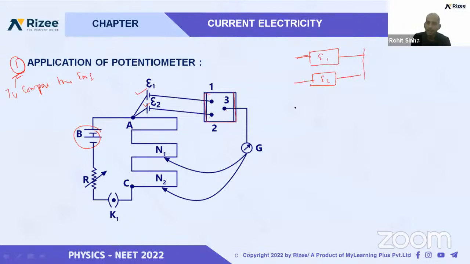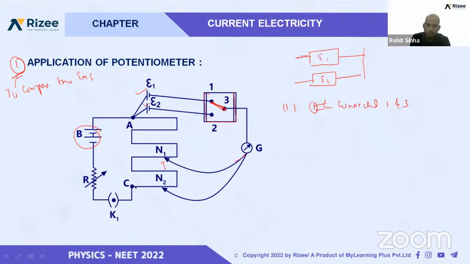Now let me take this. Suppose I connect 1 and 3 like this. Current will start flowing through this, and after that through the galvanometer, where one jockey is there.